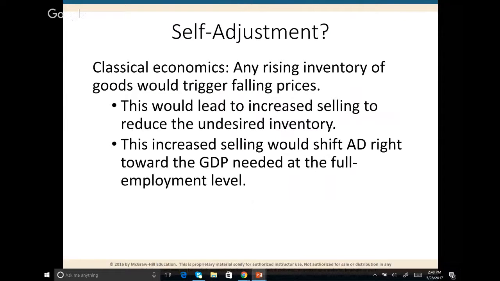Another argument for the classical economists is that anytime companies have unsold goods, so if your inventory is increasing, this will trigger falling prices. So price goes down, then inventory goes away, right? But again, if our consumer expectation changes, your inventory wouldn't go away just because the price is going down.